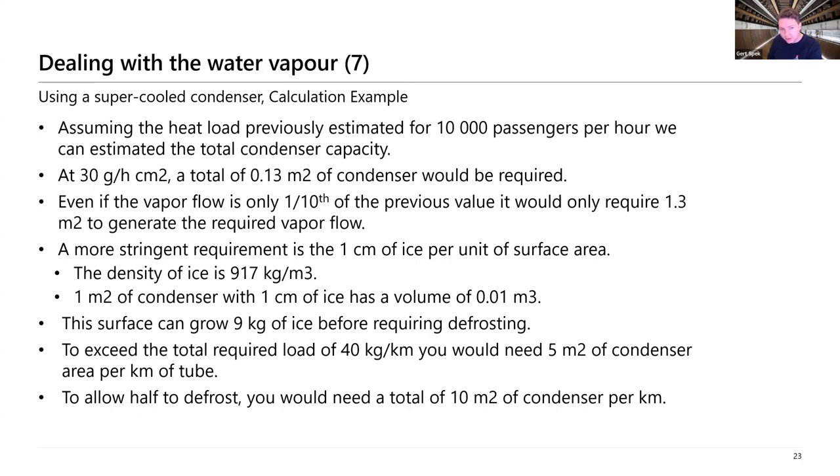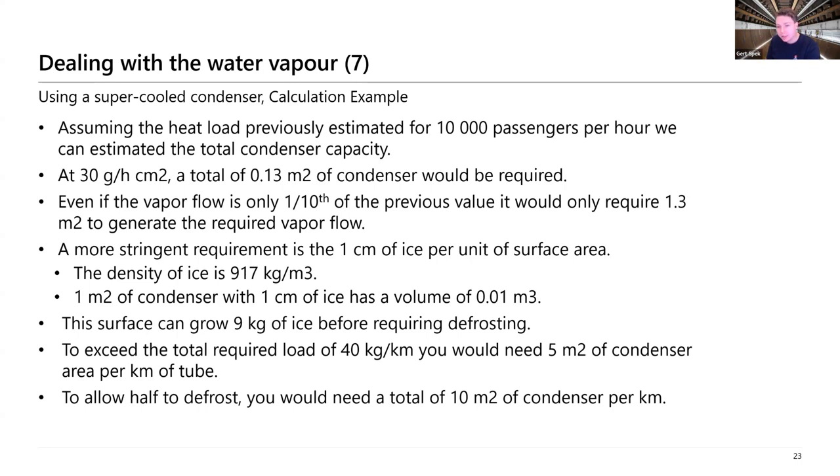And even if that vapor flow is restricted by an order of magnitude, it's still only 1.2 or 1.3 square meters of condenser surface. However, the more stringent requirement is the surface area of the ice built up. So one can calculate with the density of ice that 1 square meter has only around 9 kilograms of capacity of ice before you need to defrost it again.